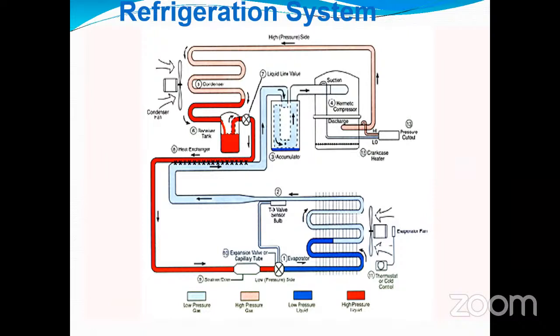So we could see the color coding. It shows the phase condition of the refrigerant, whether it is high pressure or low pressure. The color coding shows the condition of the refrigerant: low pressure gas, high pressure gas, low pressure liquid, high pressure liquid.